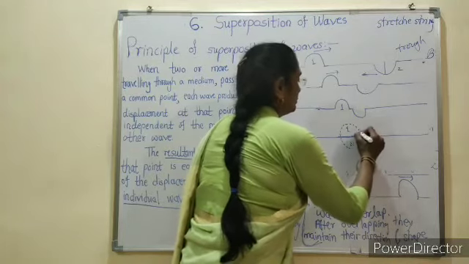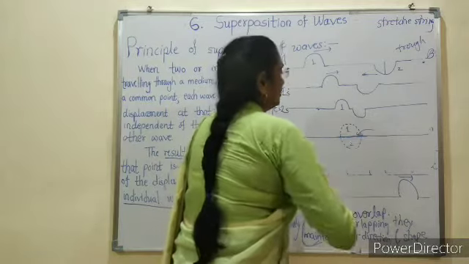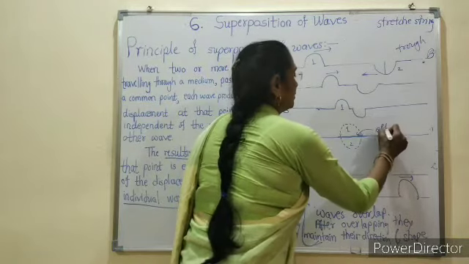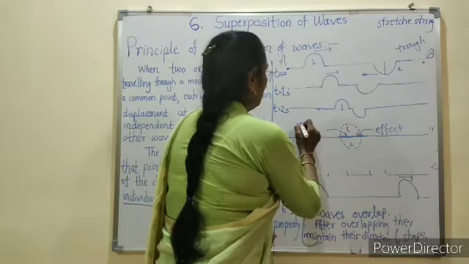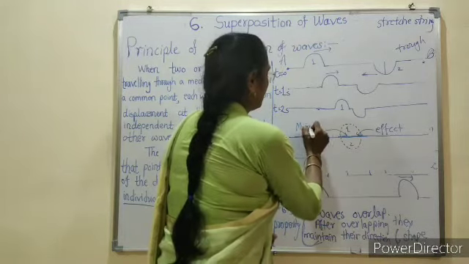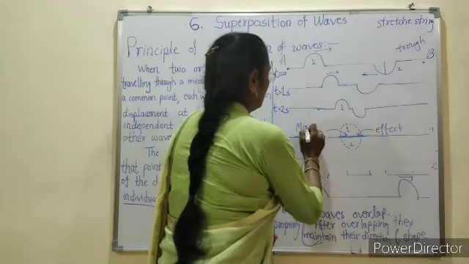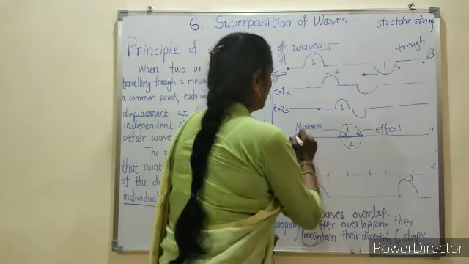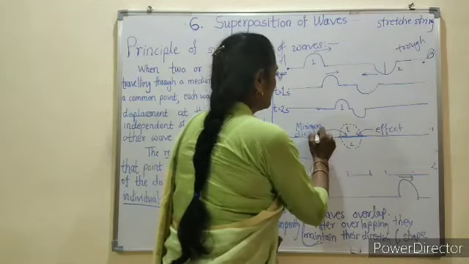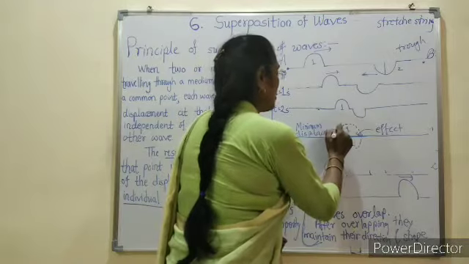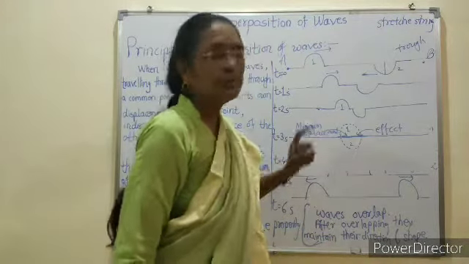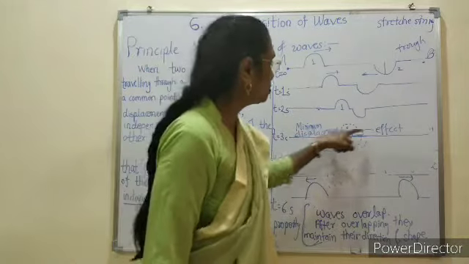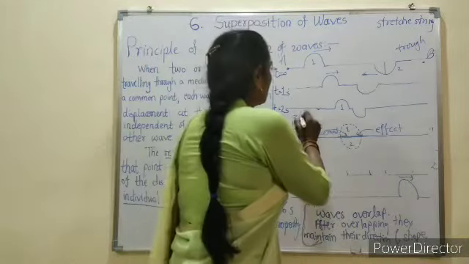This is the effect produced here, and that is the minimum displacement. Because of one crest and the other trough, minimum displacement, or zero displacement, is produced here.